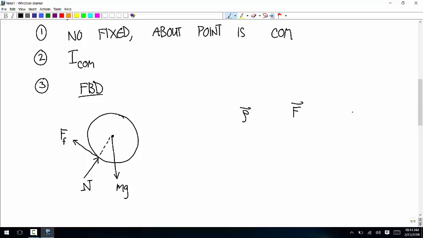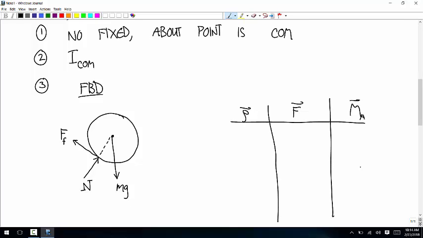And so rho, force, moment. Okay, so the rho vector goes from the about point to where the force is applied. This is the about point because it didn't have a fixed point.